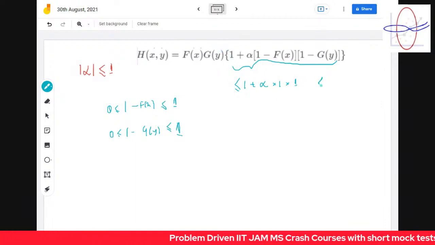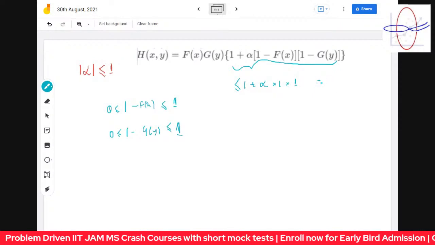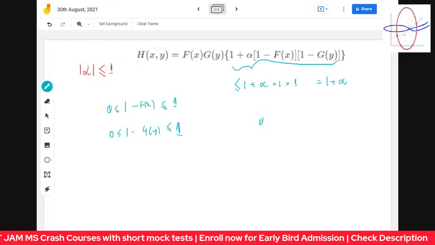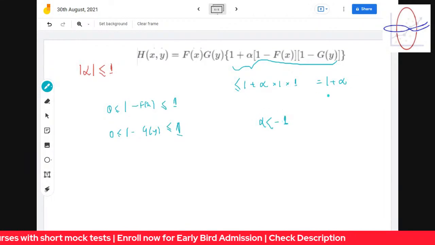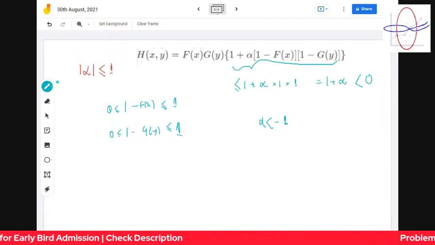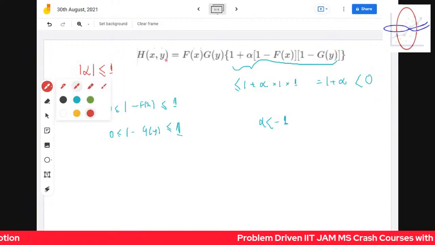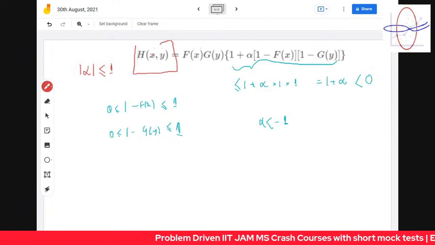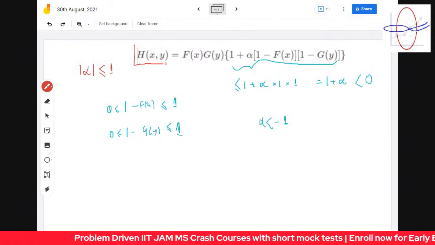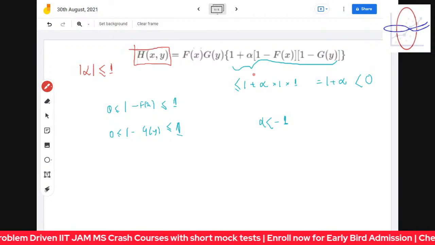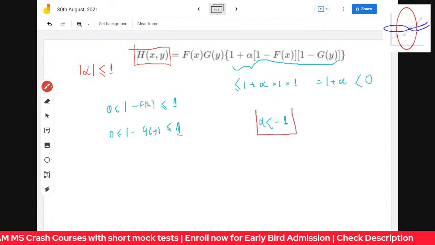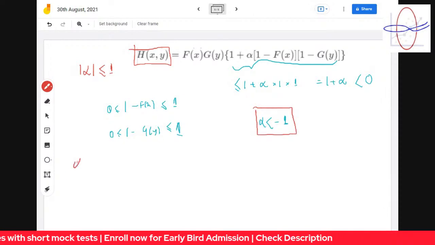So this is less than or equal to 1 plus alpha. Now, if alpha is less than minus 1, then this will become less than 0. But h of x comma y, we have already proved, is a bivariate CDF, so it cannot be less than 0. That's the first condition. A CDF cannot be less than 0, so if alpha is less than minus 1 that fails. Therefore alpha must be greater than or equal to minus 1.